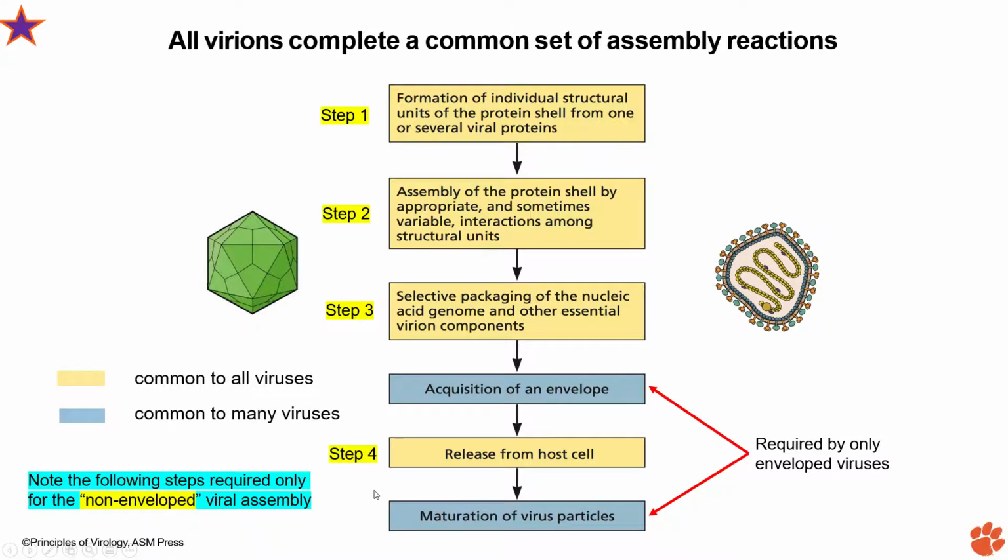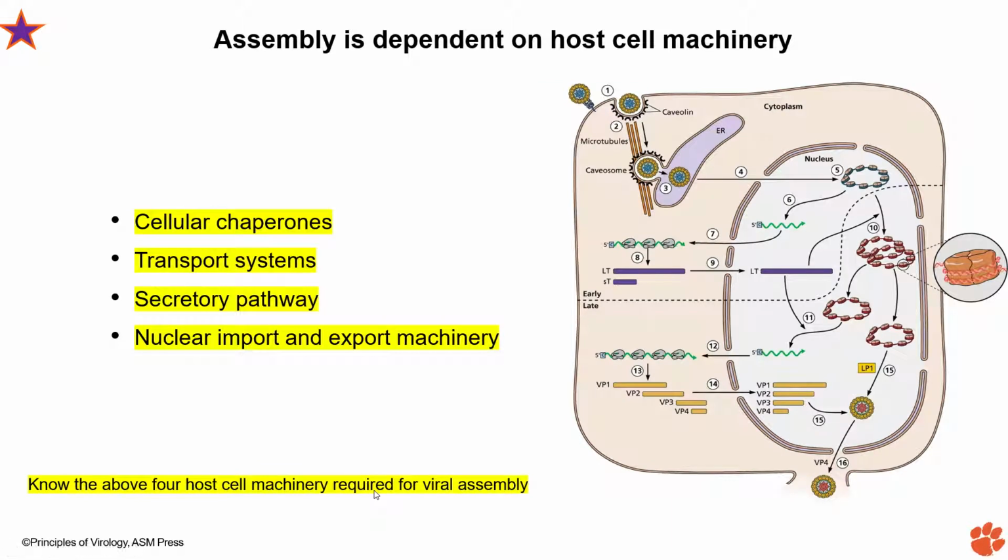Very important. All right. So after that, we are asking what cellular machinery is required for the assembly. Here you have cellular chaperones, transport system, secretory pathway, nuclear import or export machinery. Say for example, right here in this picture, it shows endocytosis.